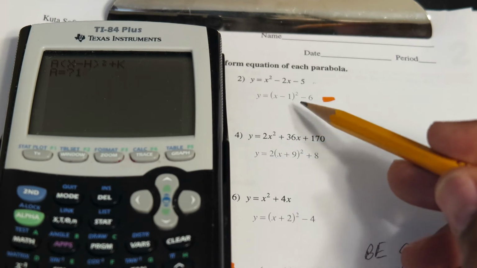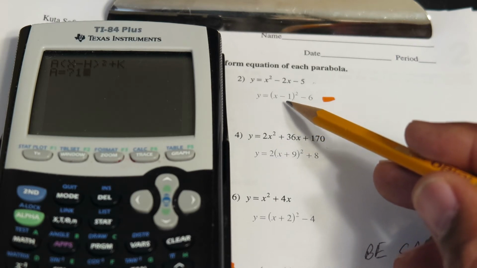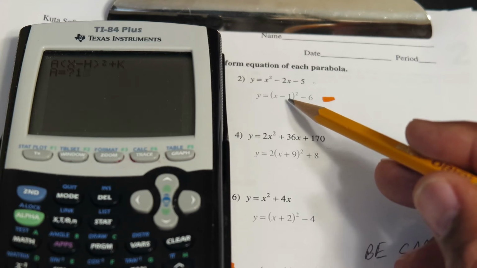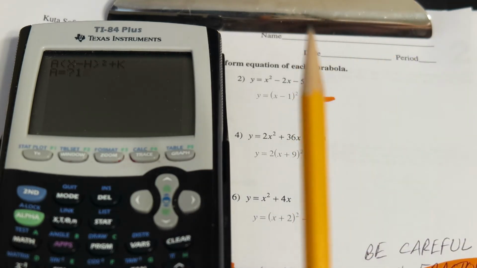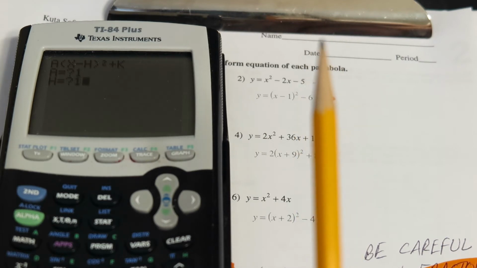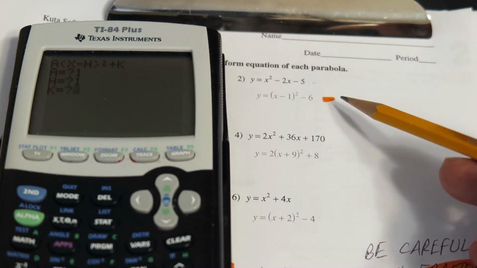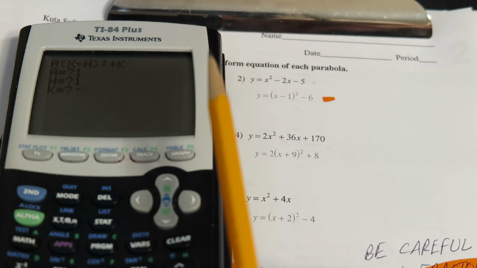And now we're going to put in the x variable of the vertex, which is, this says minus 1. So we're going to put in, that means the x coordinate is actually 1. So we're going to put in a 1 for h, a positive 1, and then we're going to put in a negative 6 for k.